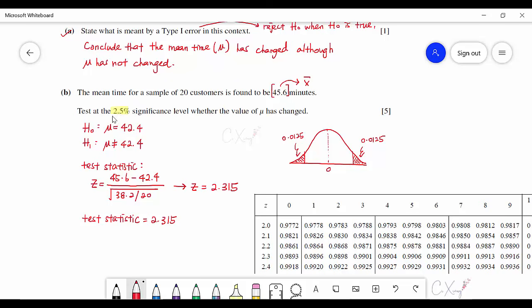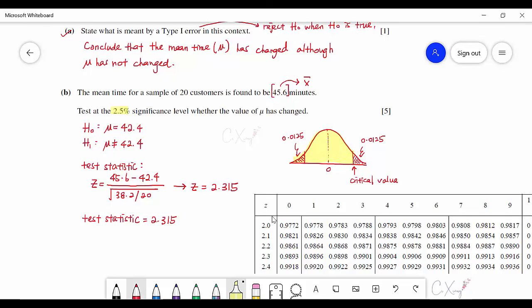Now to get the critical value, since our test statistic is a positive value here, which means we want to calculate this critical value. To calculate it, you need to use the area on the left hand side of this whole area.